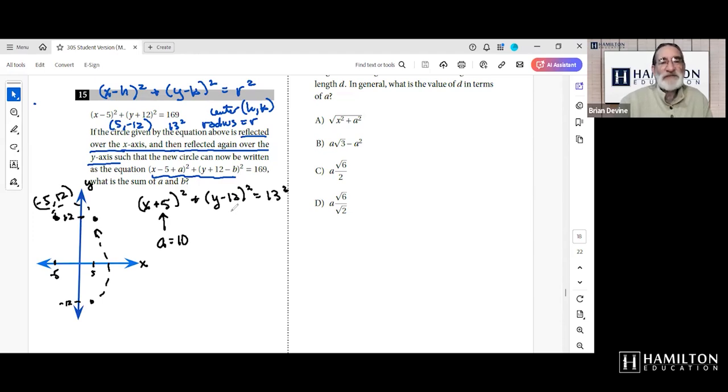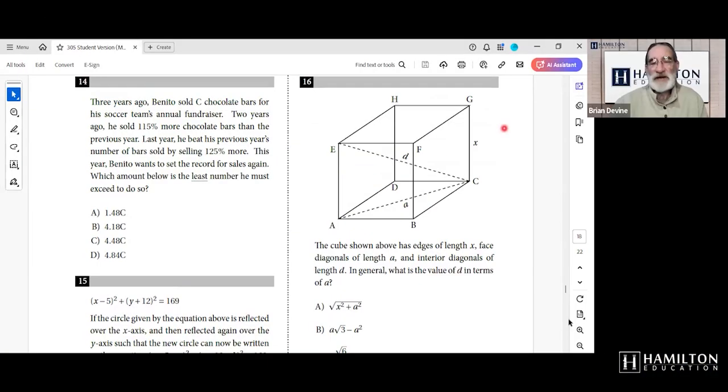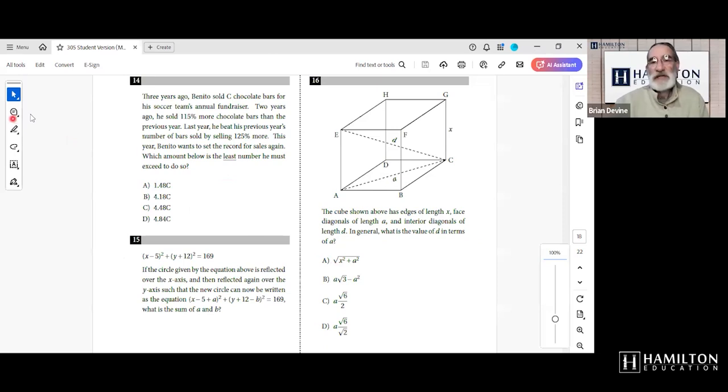And what would we have added to -12 in order to get to +12? Well, we would have added 24. And we want to know what's the sum of 10 and 24? Well, 34.